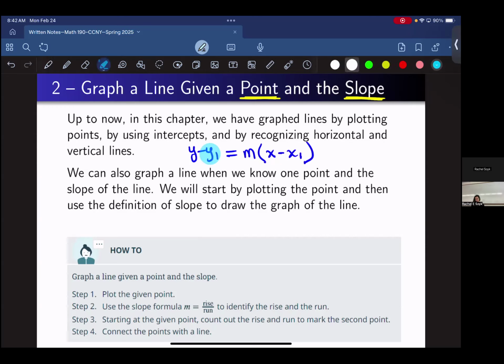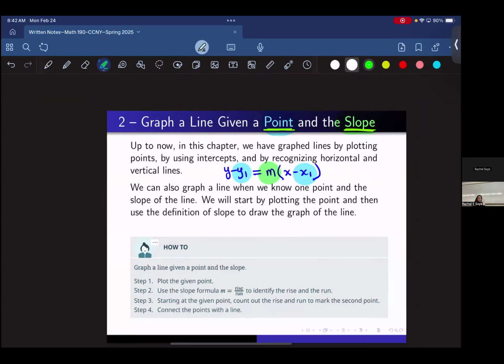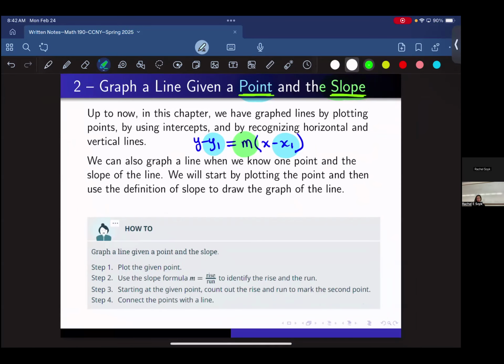Again, we are given a point here and a slope. And so anytime you want to put it in this form, you want to look in your problem to see if you're easily able to calculate the slope and have a point.